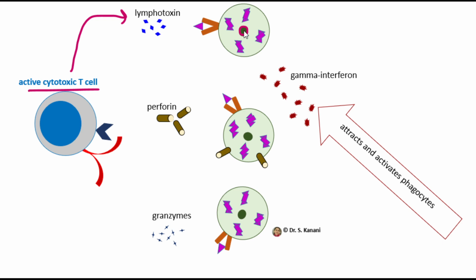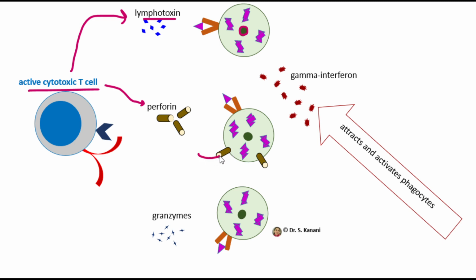So if you think about the nucleus of the cell as the brain of the cell, in a very simple way, we can say that lymphotoxin causes this cell to become brain dead and die. Another chemical released from active cytotoxic T cells would be perforin. Perforin molecules form very short tubes and insert those tubes into the membrane of the infected cell.